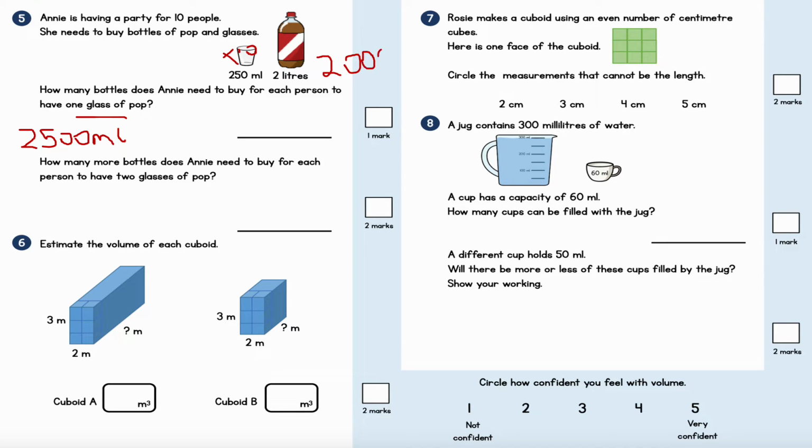So Annie's going to need 2 bottles because obviously 2,500 is bigger than 2,000. So Annie's going to need 2 bottles. Next part, how many more bottles does Annie need to buy for each person to have 2 glasses of pop?